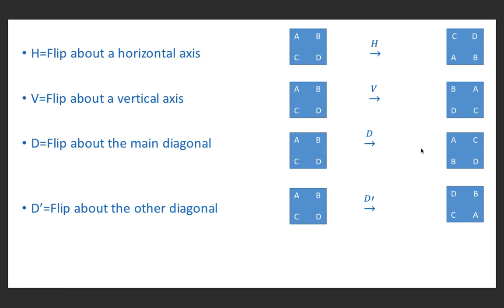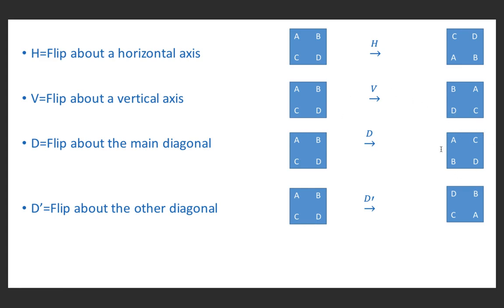Notice one thing, if we again flip this about the horizontal axis, we will get this square which was our initial position. And if we flip it about the vertical axis again, we will get the initial position.